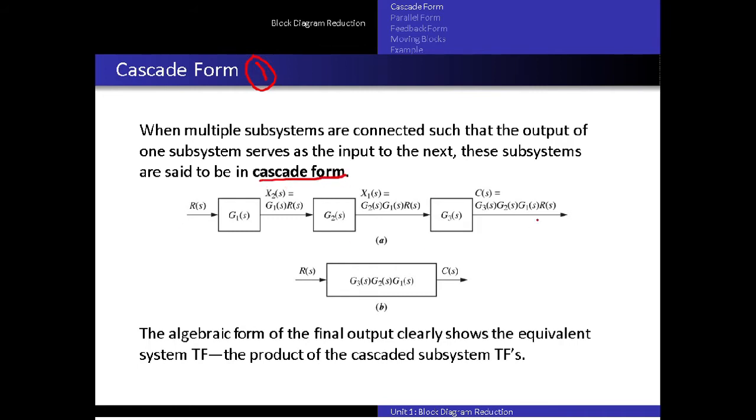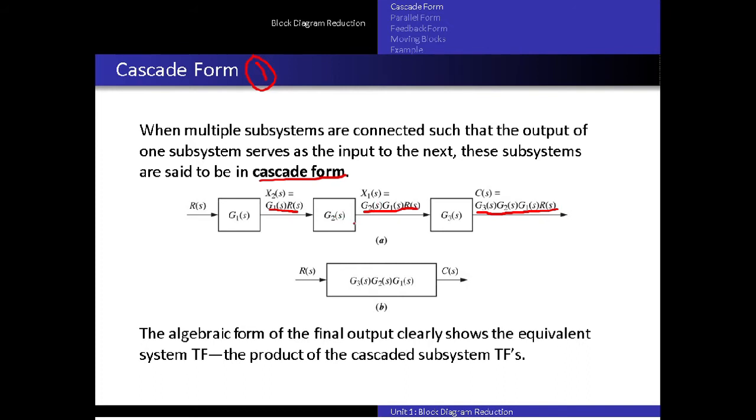So when this kind of system is there, just ignore this G1 into R of S, ignore this underline, whatever I am underlining. So input is R of S, output is X2 of S. If you want to find X2 of S, that is nothing but the transfer function multiplied by input. So here it is the transfer function G1 of S multiplied by input R of S. Same way, now the input will be X2 of S in this case.